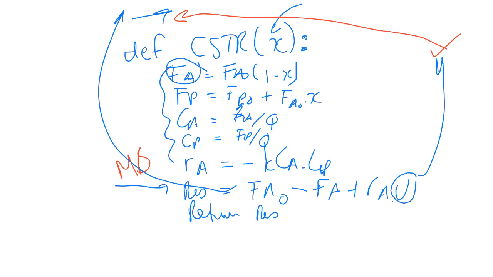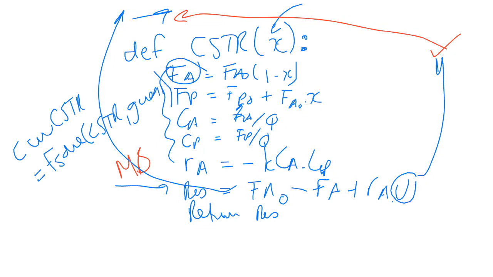So I return this resultant, the res value, and if I now have to solve, I can get my conversion in the CSTR on the next line using fsolve, then my CSTR, and I have to guess an X value.